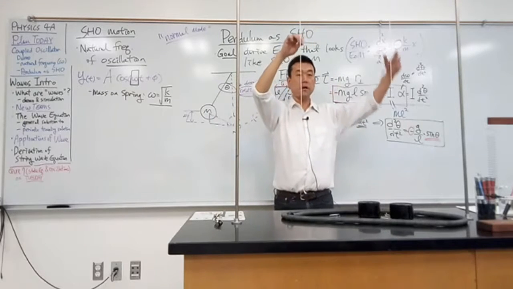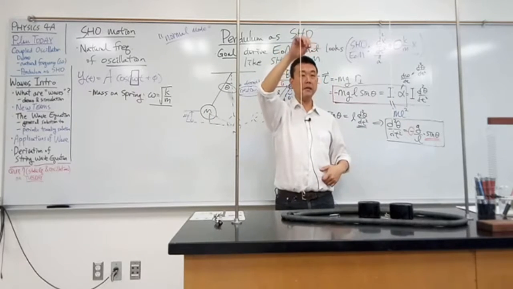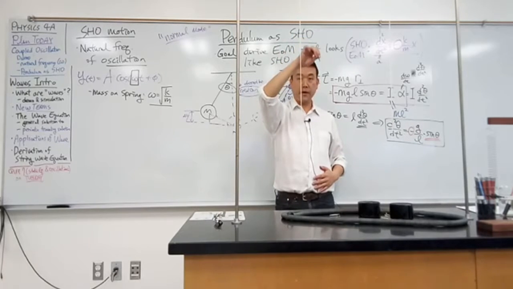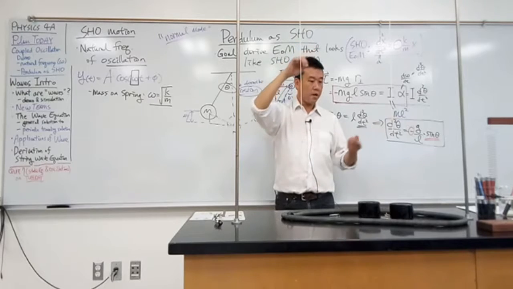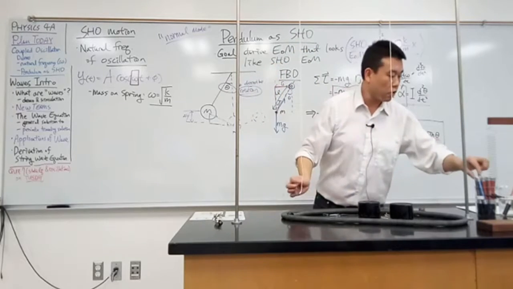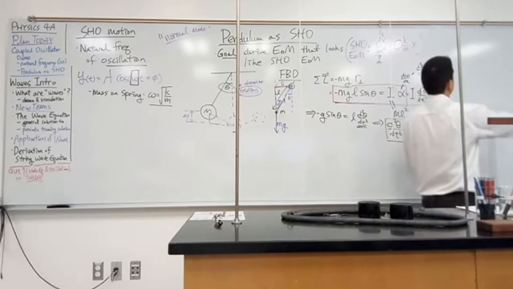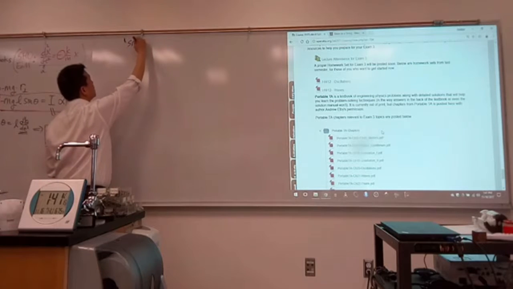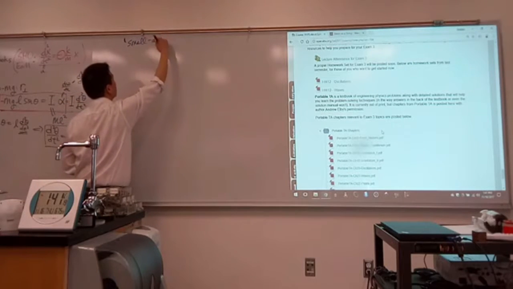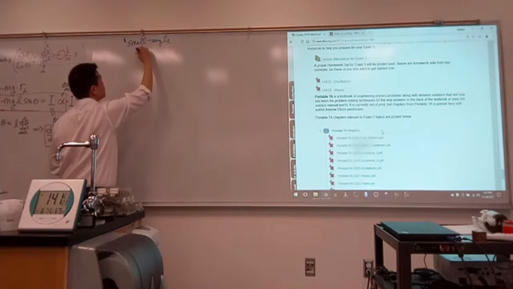But once this motion becomes larger, then that's where this approximation that we'll make will break down. So this particular form of approximation is called a small angle approximation. You might have heard it before. Small angle approximation.